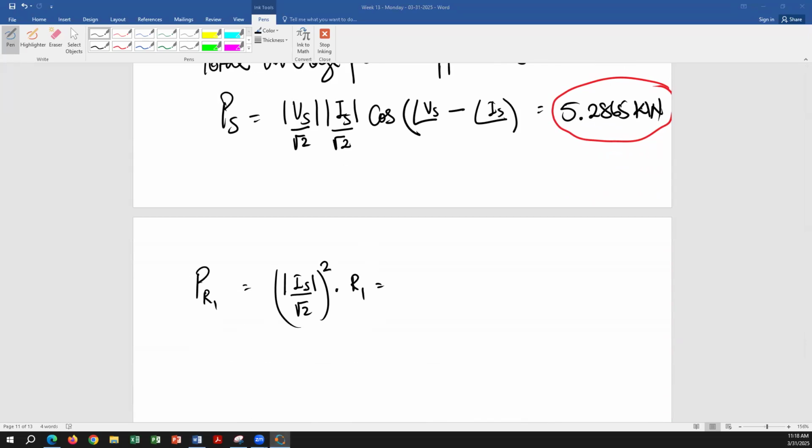PR1 is equal to the absolute value of Is squared times R1 divided by 2, which is 3.2404 kilowatt.